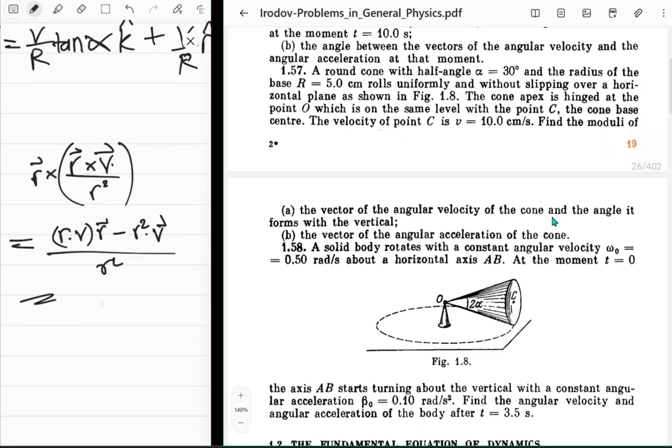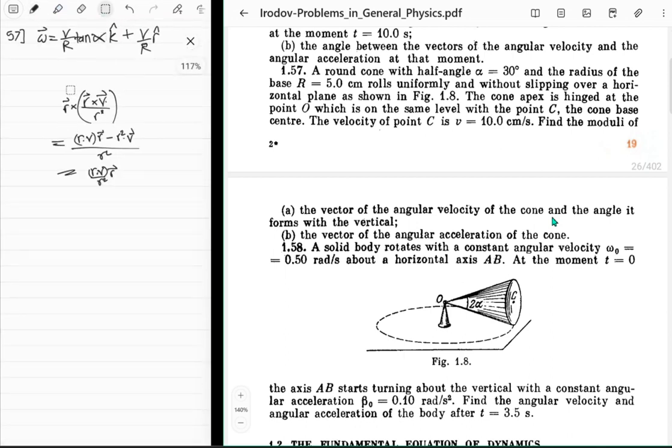Something like r dot v upon r squared times r. I don't know. I'll see if there's some definition like this. I think there should be some definition like that. Okay, cool. 57th, done. Oh no, we just want the angular velocity vector, sorry.